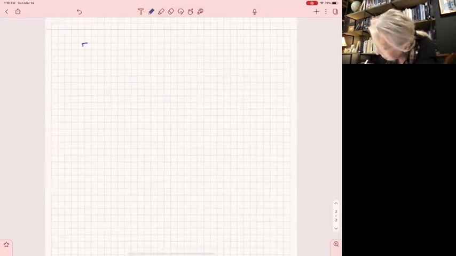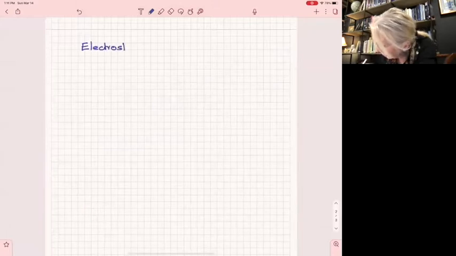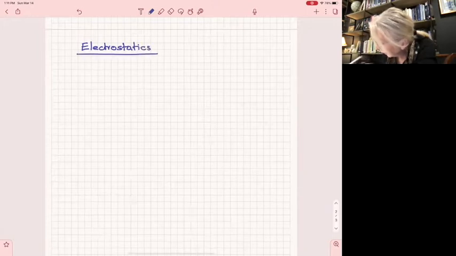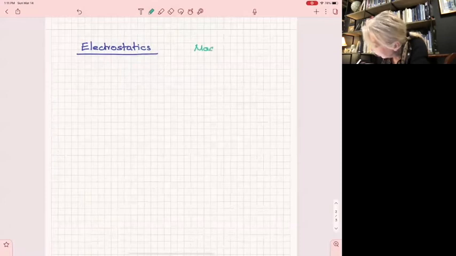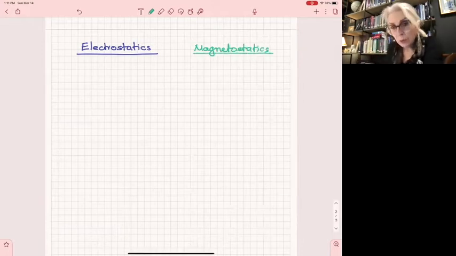So in electrostatics and magnetostatics, we have the following. We start with forces.